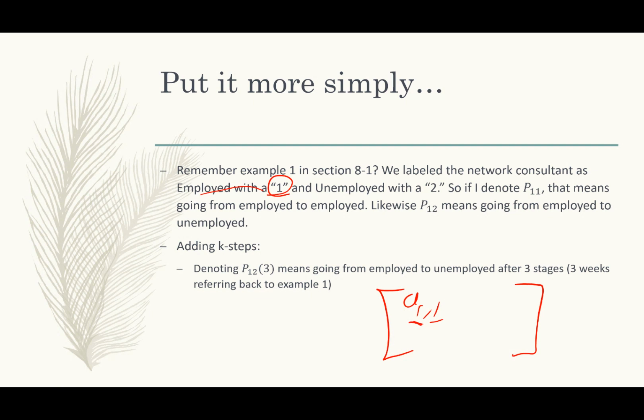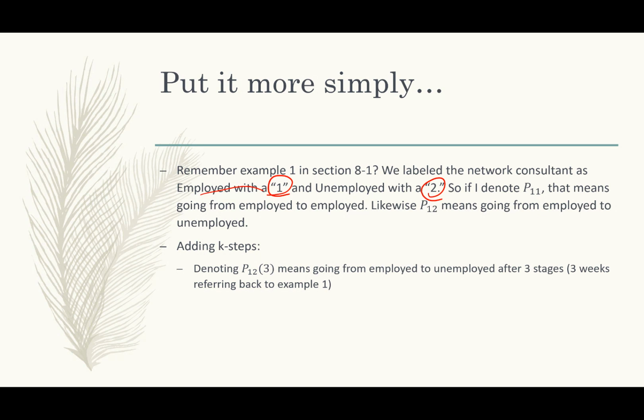So being employed this week and then being employed next week, that probability would go there. The A12 spot was the probability of being employed and then going to unemployed, because 2 represented unemployed. The A21 spot was unemployed to employed, and the A22 spot was unemployed and then unemployed again. So we're going to do that again when we make our matrices this time.